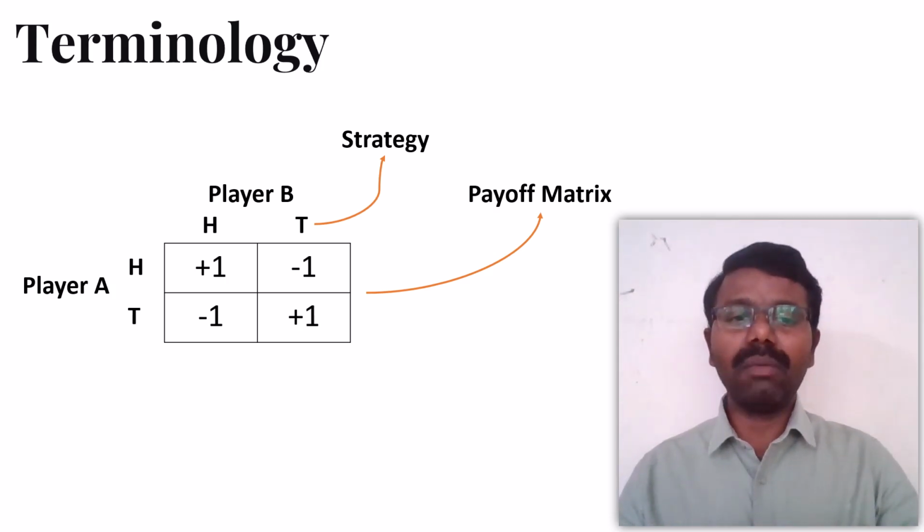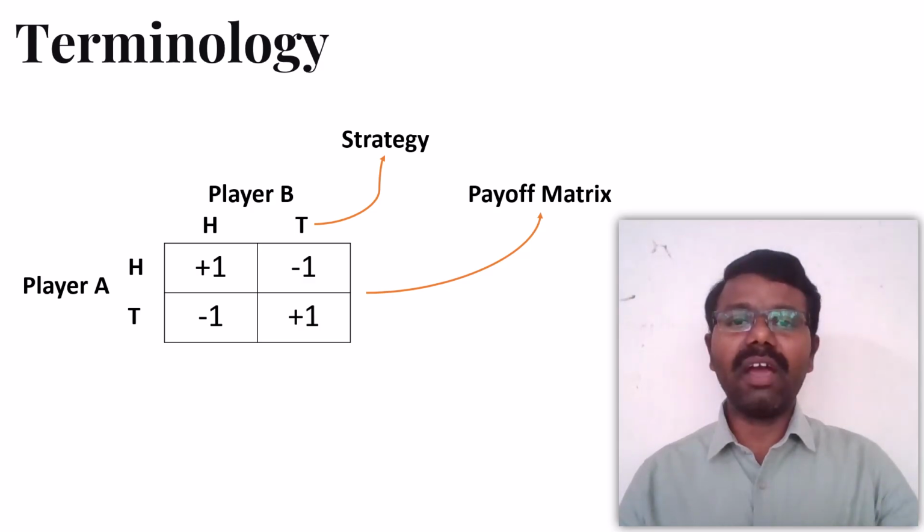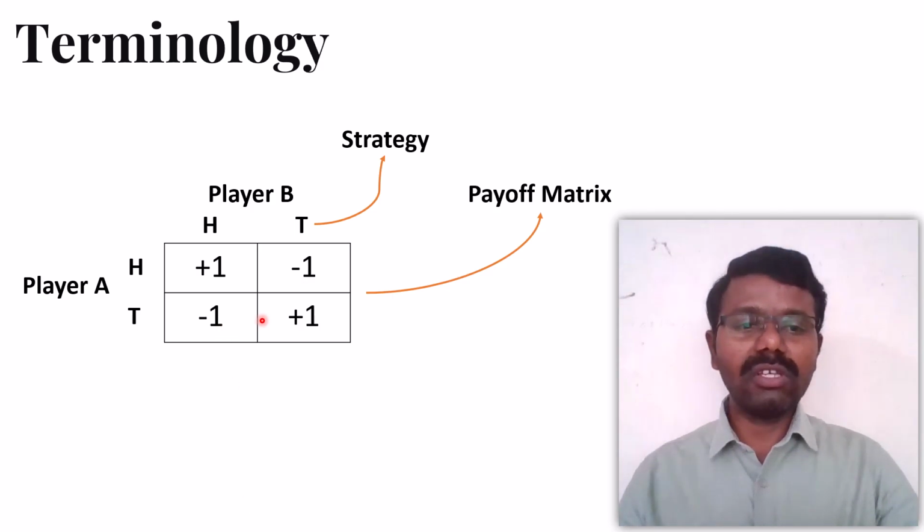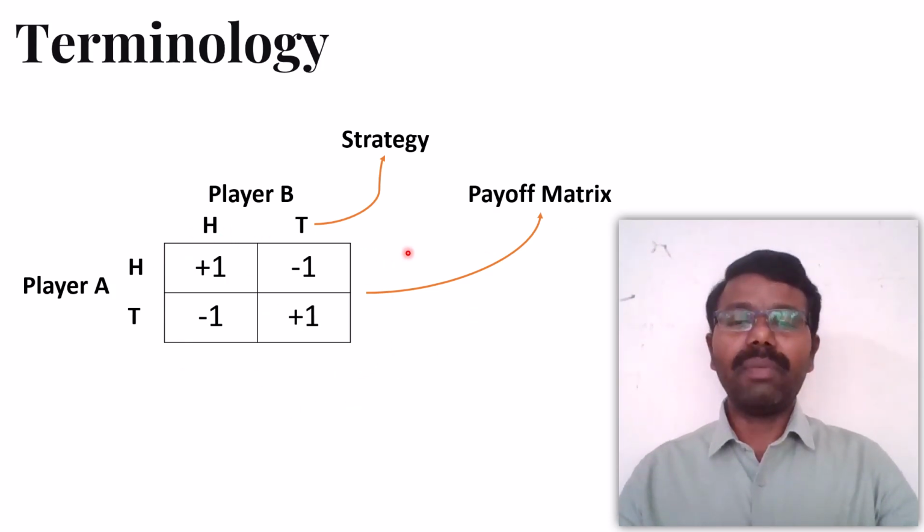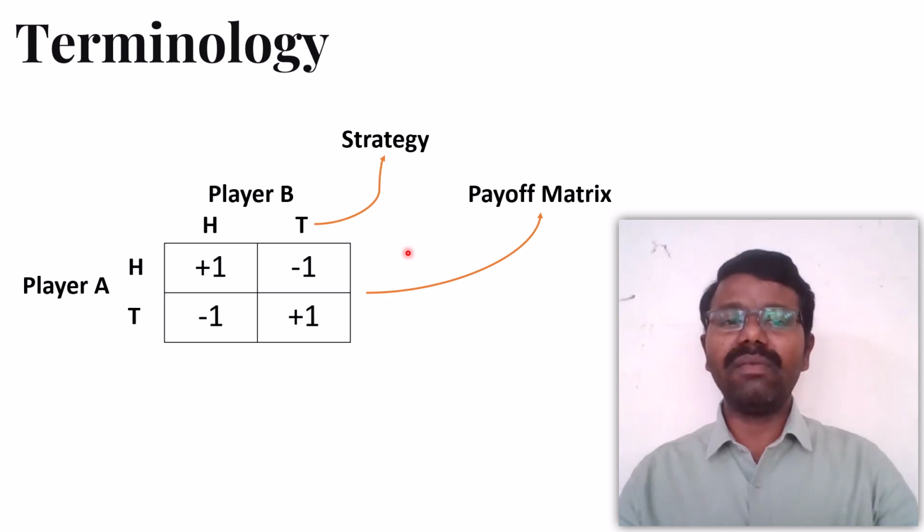This table is called a payoff matrix. Based on this table, whether player A or player B will receive the money will be understood. These are the basic terminology you need in game theory.